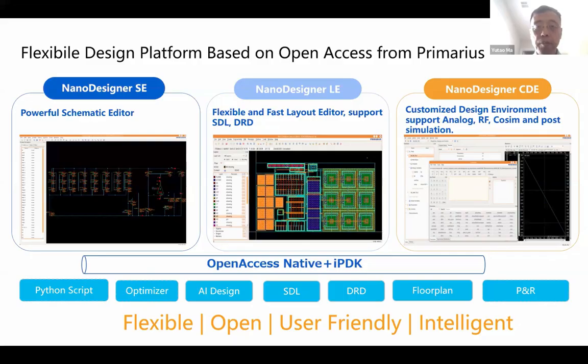The design platform Nano Designer, provided by Primarius, uses OpenAccess as the underlying database. OpenAccess provides comprehensive API functions to allow all kinds of different EDA tools to easily and very quickly access all the different data they require.